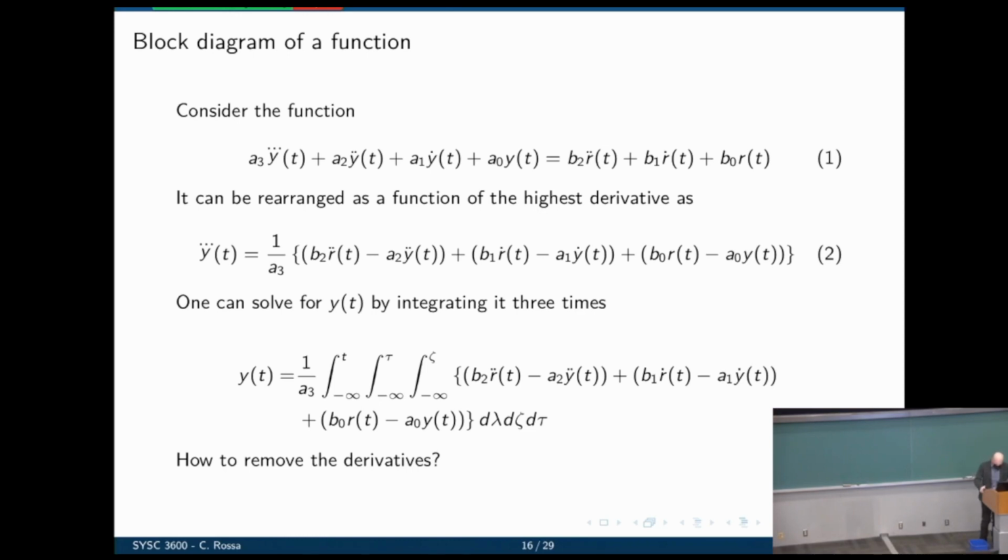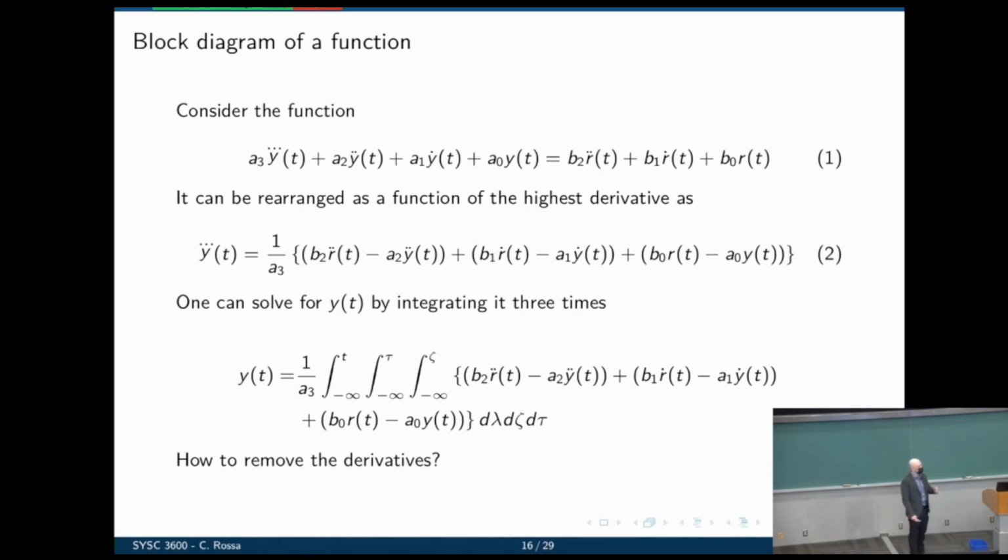Now, how do we do a block diagram for this? This is a bit more involved because we now need to get rid of these derivatives and integrate the equation as many times as we need to get rid of all these derivatives. So the first thing to do is to look at the highest derivative. That will always be associated with the input. In this case, it is the third derivative of y. So a3 y triple dot is the highest derivative element.